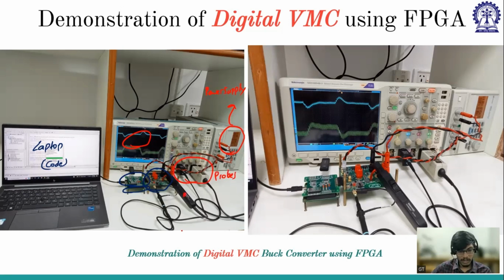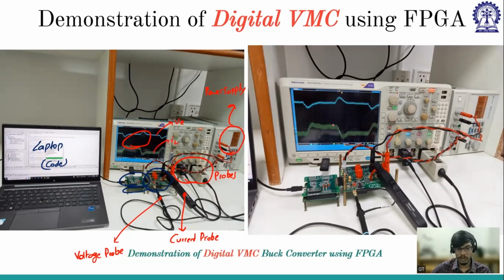This one is the inductor current probe. This is the current probe, and this is the voltage probe. The top one is the voltage V0, and the bottom one is the inductor current.